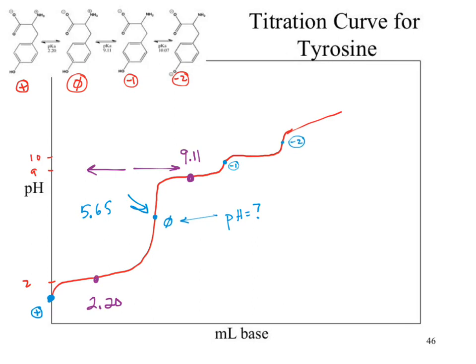That third or potentially fourth value is the pH at which your amino acid is 0, has no charge associated with it. That pH we end up referring to as the PI, the isoelectric point.